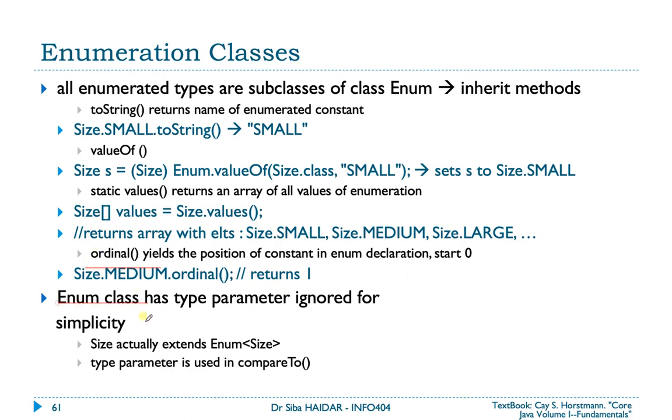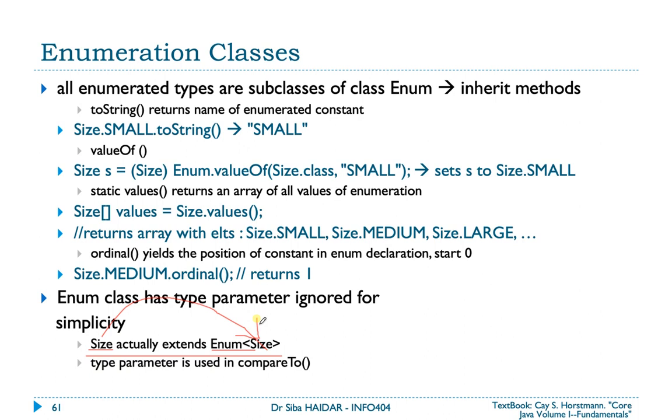The Enum class, in fact, has a type parameter. So this is a generic class, and it has a type parameter that is ignored for simplicity. It is very, very complicated. You will see in just seconds, since Size actually extends Enum of Size, because Enum is the parent class, the superclass of Size, and at the same time Size is the type parameter of Enum.